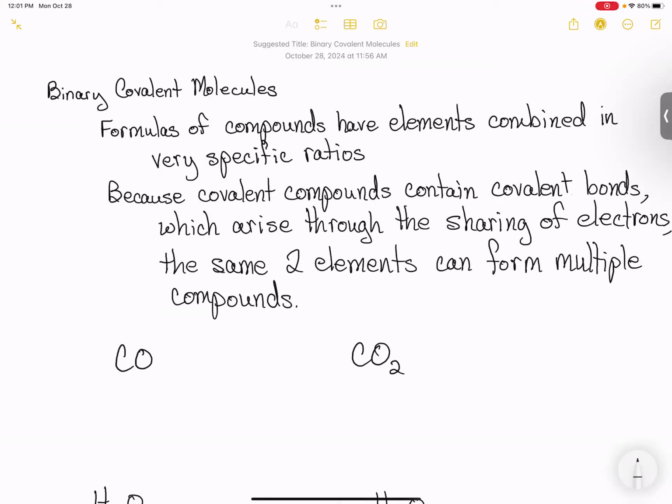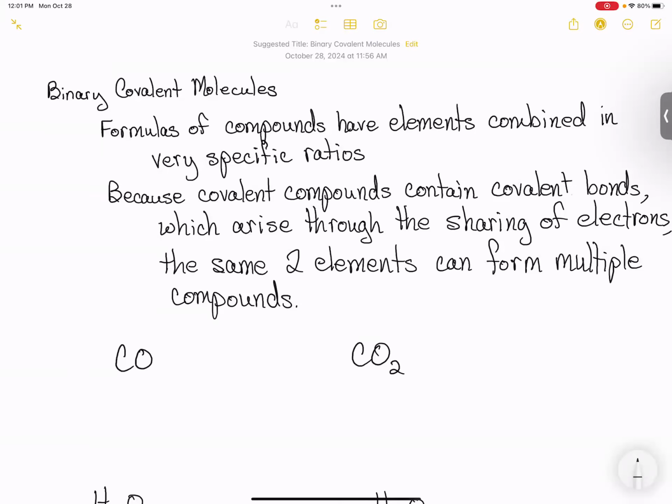Ethane was C2H6. Propane was C3H8. Basically, each of these combinations have a different name. Well, this process is going to continue.